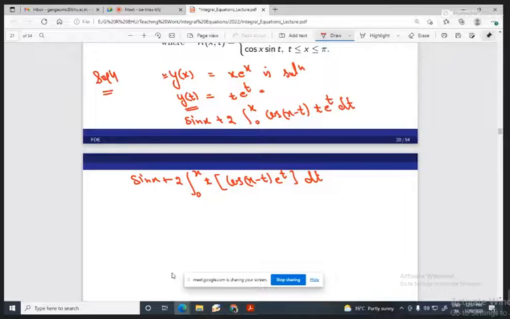So we can assume this is the first function and this is the second function, and apply the integration by parts formula.